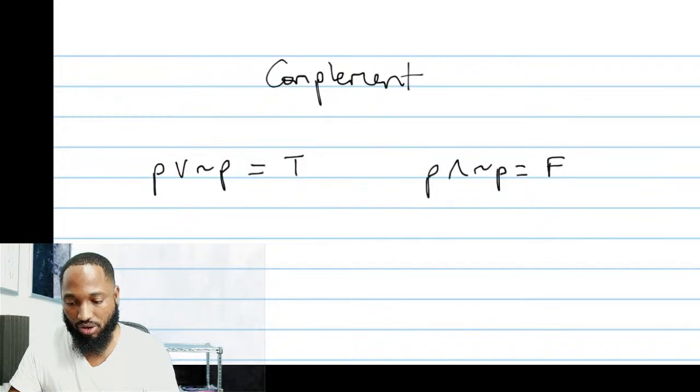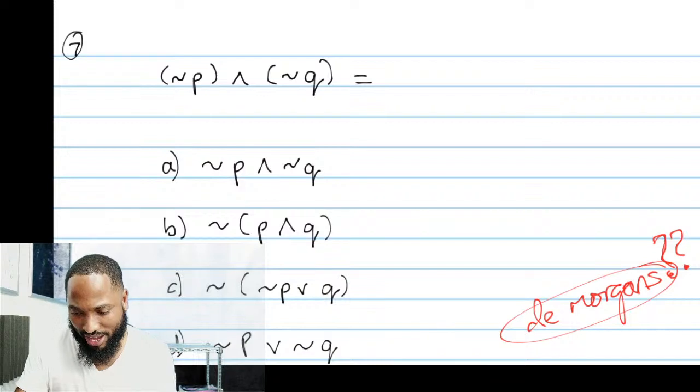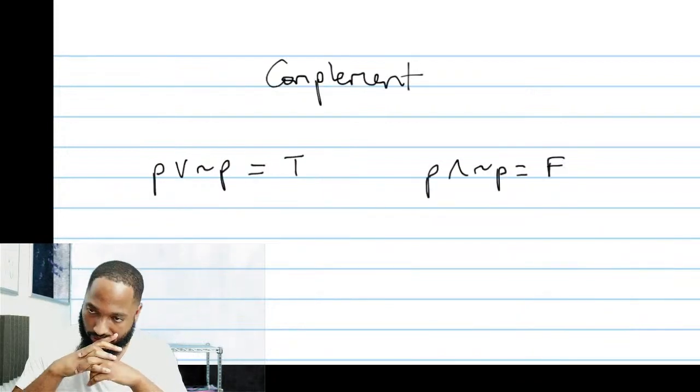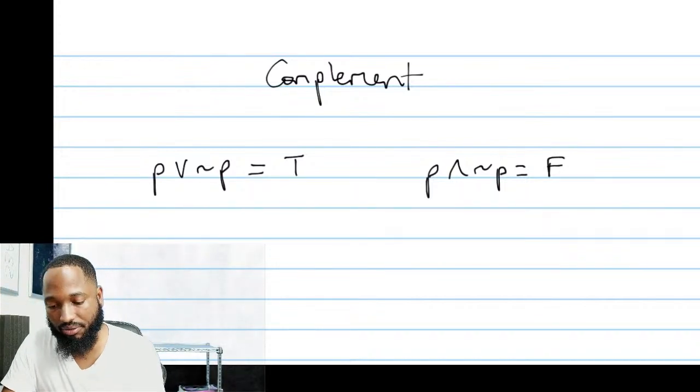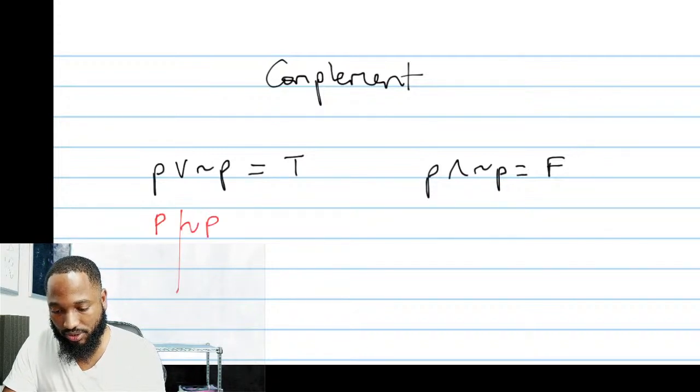Alright, I think we're ready for some more questions. Complement. This is the same thing, verify. If you have P and you have not P, so T, F, and not P will be F, T, the other way around.